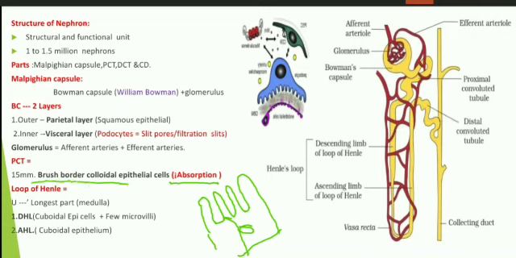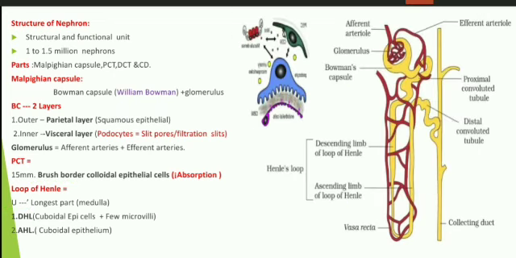Next, this PCT is converted into a U-shaped or hairpin-like structure, known as the loop of Henle. The loop of Henle is differentiated into the ascending limb and the descending limb. The limb which moves downward is known as the descending limb, and it is mainly made up of cuboidal epithelial cells.